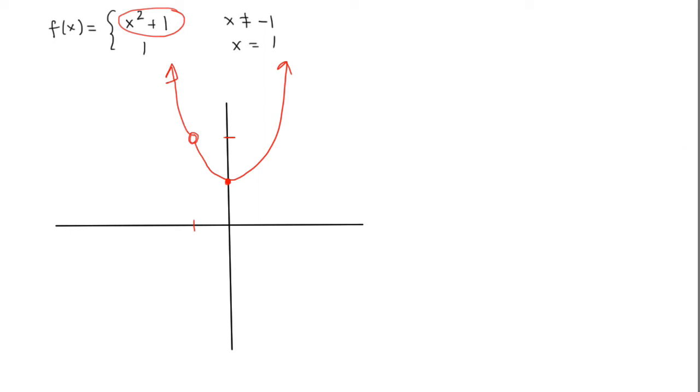And then the function here was defined to be 1 when x did equal negative 1. So what that means is that we have a dot right here. Okay, so what do we think the limit as x approaches negative 1 of this function is?